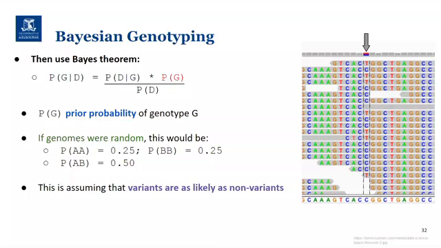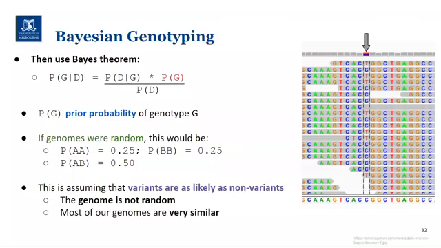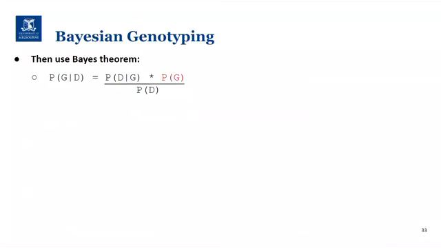All right? And we actually expect, when we sequence someone's genome, to see most things conserved. So one thing is that the genome is not random, and most of our genomes are very similar. So we usually expect to see the reference genome sequence.